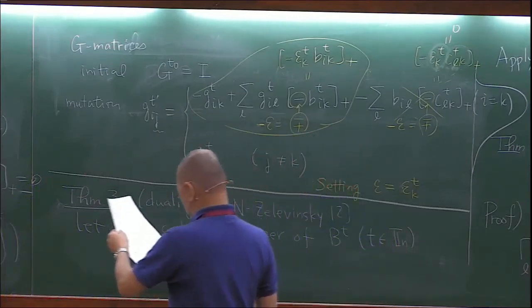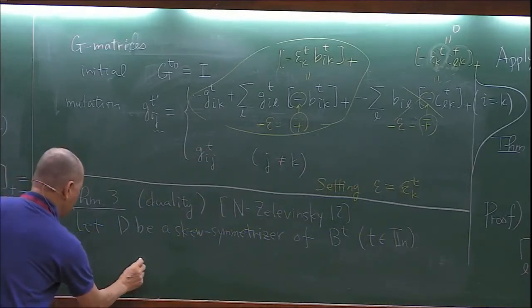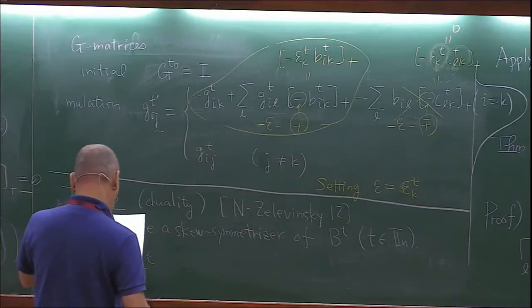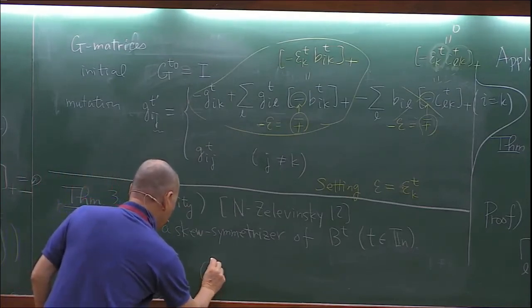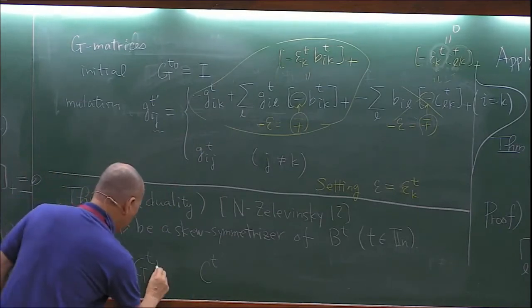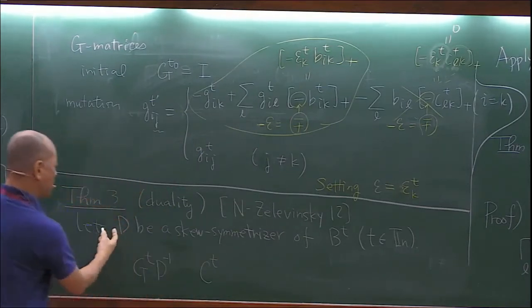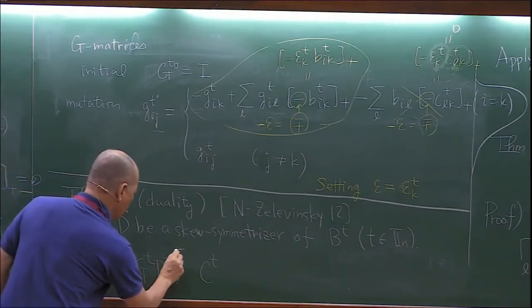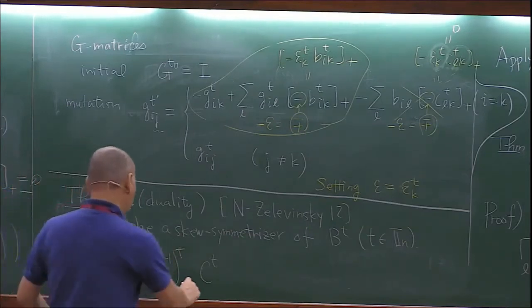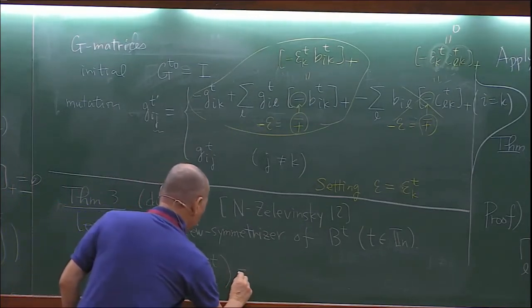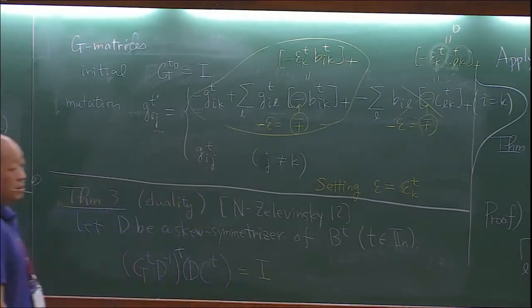Then using this matrix, the G matrix at point t and the C matrix at point t are related by the following simple formula. If you multiply the inverse of this diagonal matrix and take a transposition, and multiply this to this, it gives you identity.